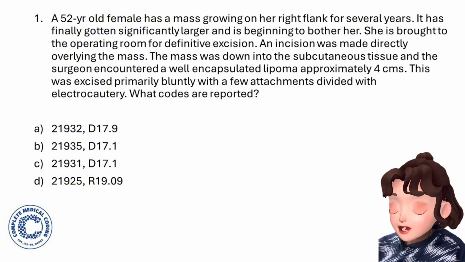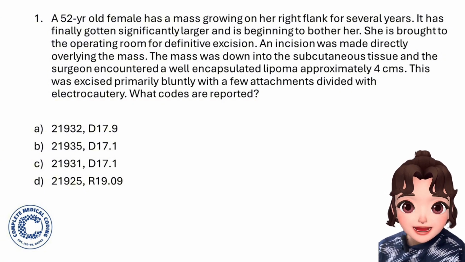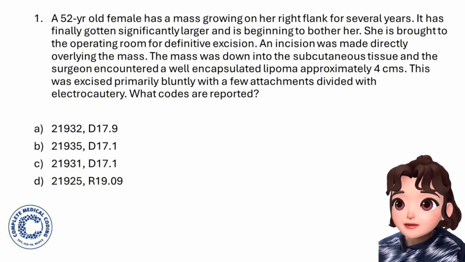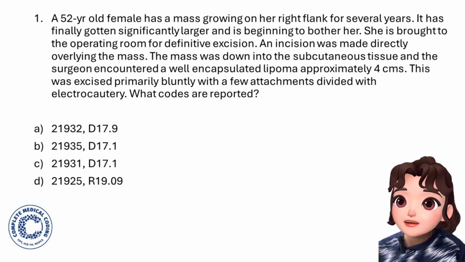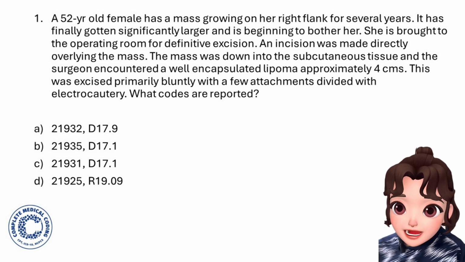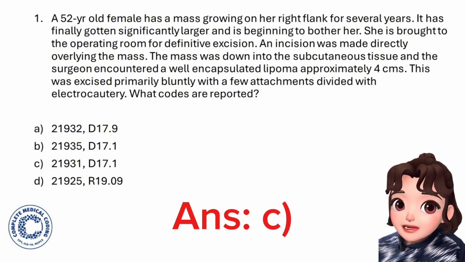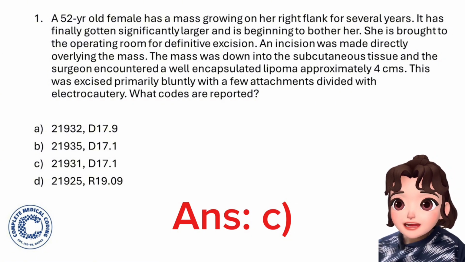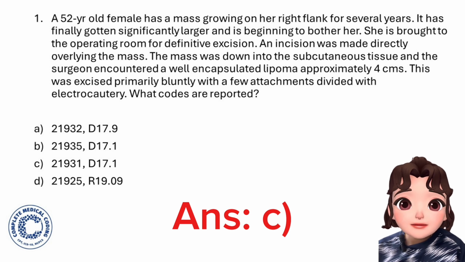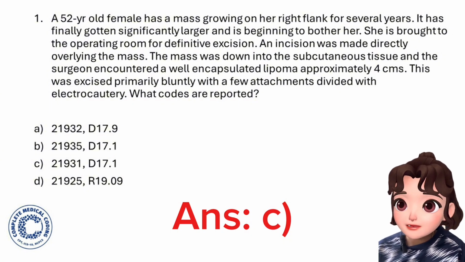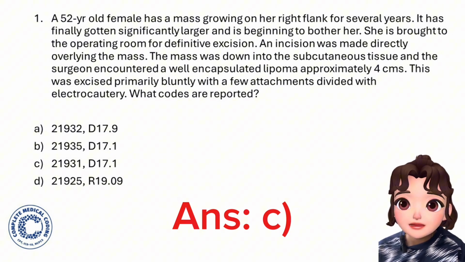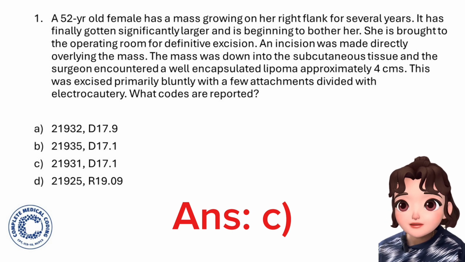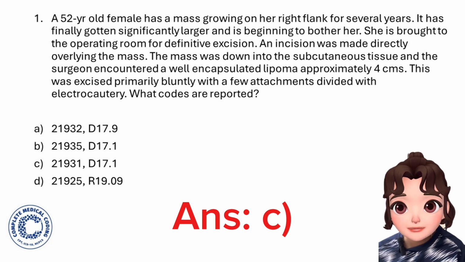So the size is correct, and the description is excision of the tumor. Our procedure is excision itself, right? So the correct answer is option C, 21931, for excision of the tumor 3 centimeters or greater, and ICD code D17.1, benign neoplasm of the tissue of the trunk. That's how you need to check the correct answer option.